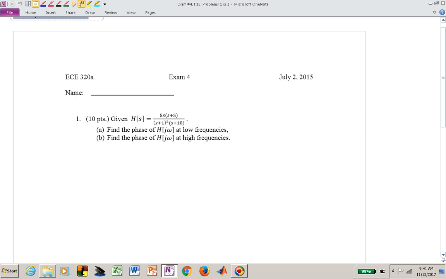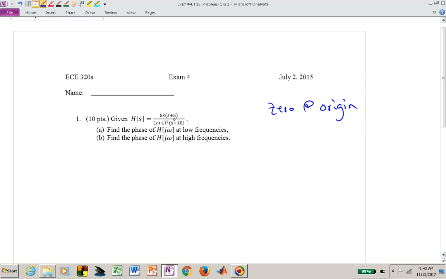your transfer function is already in factored pole zero form. If it was not, if you had quadratic factors, then you would need to find the roots of those quadratic factors and determine if they are real or complex. But here you can see that we actually have, in this transfer function, a 0 at the origin.